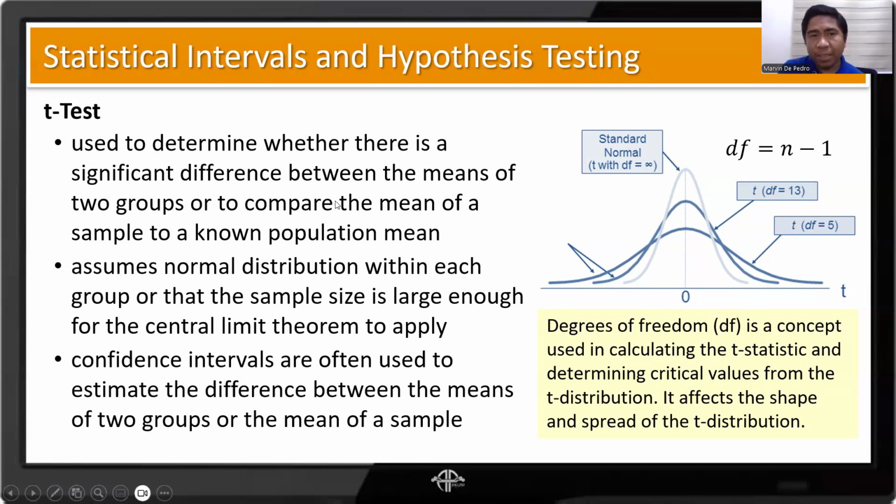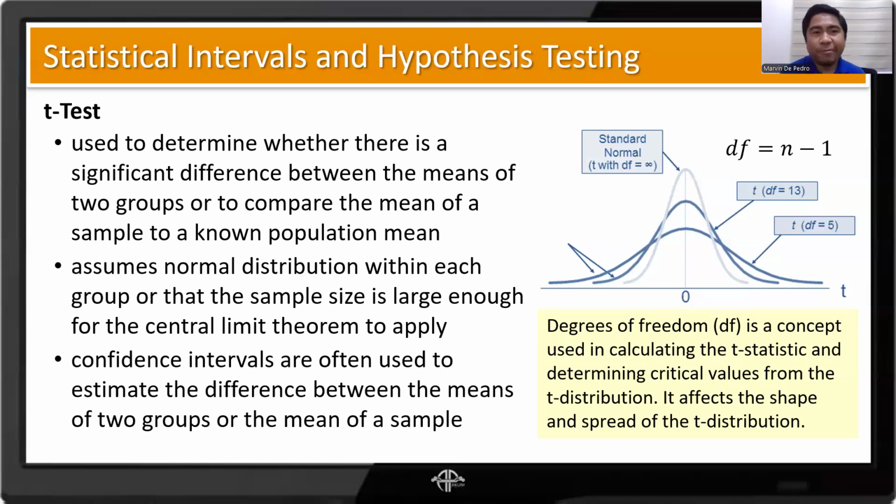The first one is basically like the z-test. Comparing the means of two groups is a two sample test, while comparing the mean to a known or accepted population mean is a one sample test, in this case a one sample t-test.